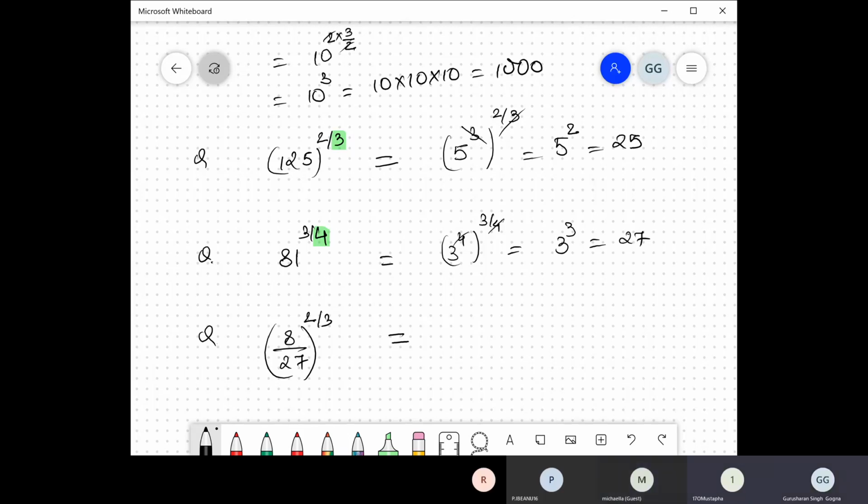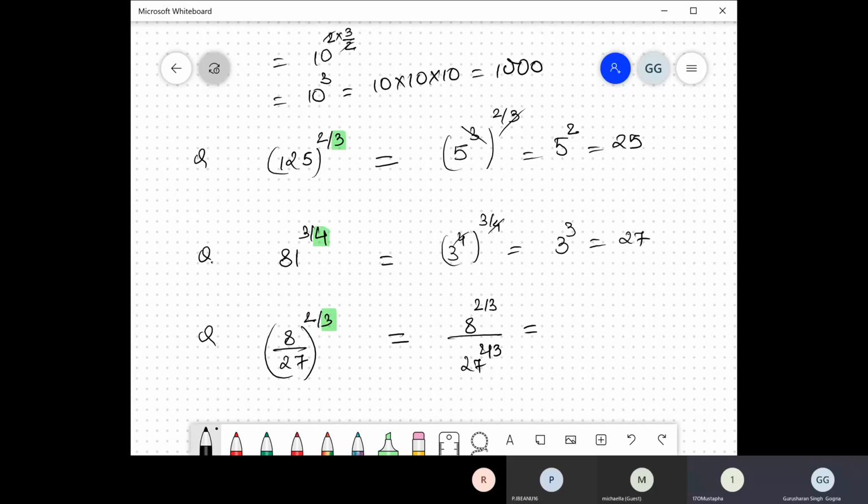The logic is the same again, although you have two numbers, so that's fine. One way of doing this question is, if you want, you can separate them. For example, 8 to the power 2/3, 27 to the power 2/3. If you want, you can do it this way as well. Otherwise, you can do it directly as well. It's all up to you.